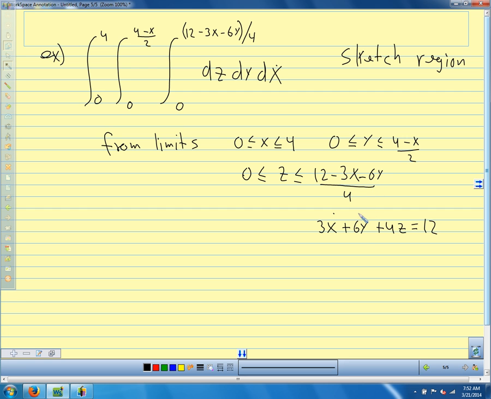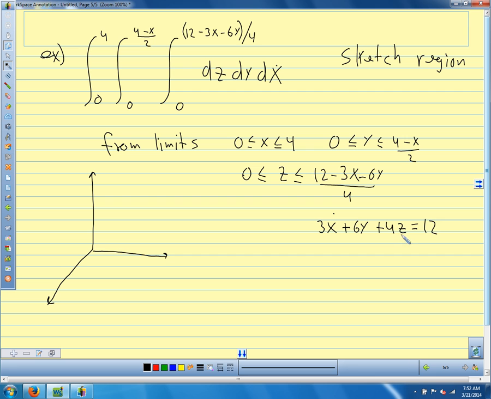So now we can sketch our region. So here are our axes. How do we sketch a plane? What's our technique for sketching a plane? I'm going to let y and z be 0.